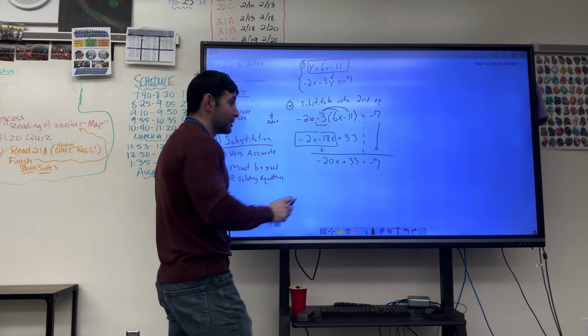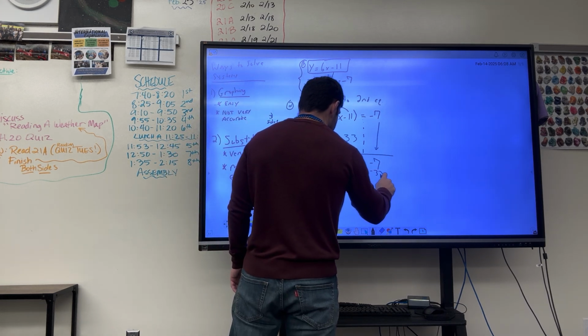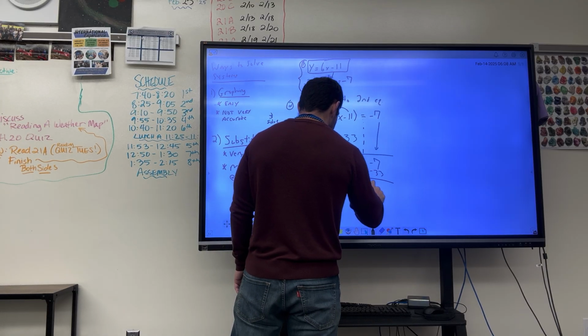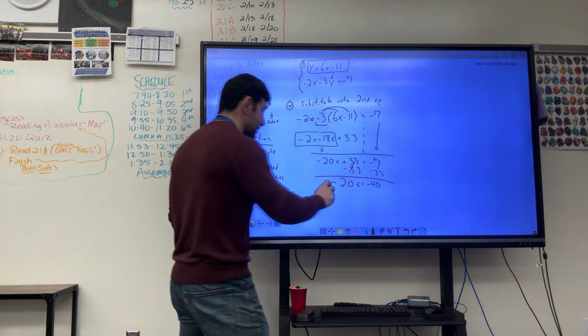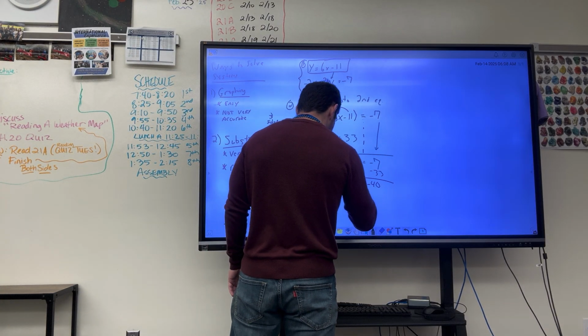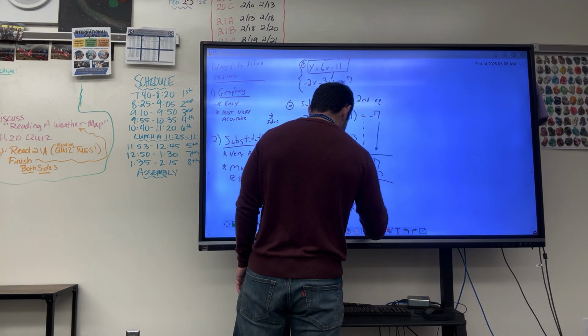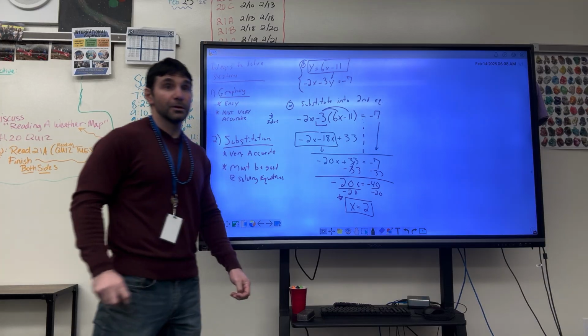So now I subtract 33 from both sides. That gives me negative 20x equals negative 40. How do I solve for x? I divide by negative 20, negative 20. X equals 2. Wow.